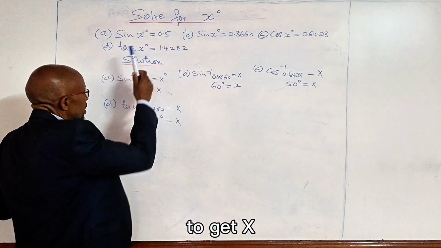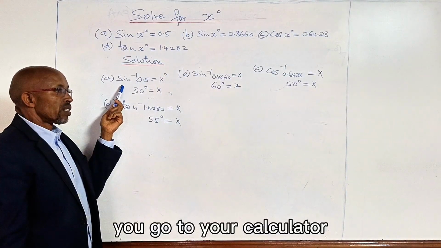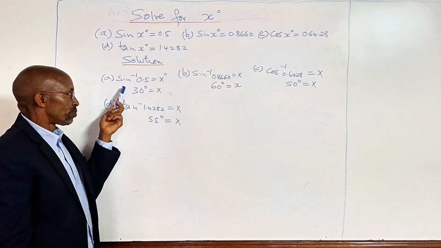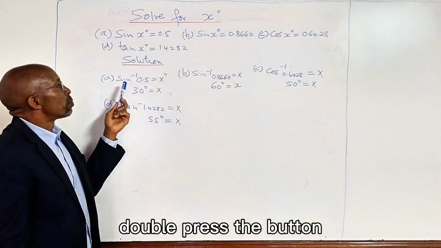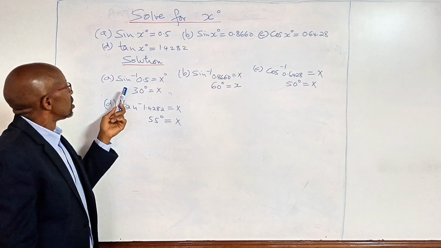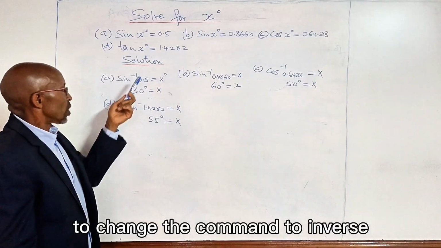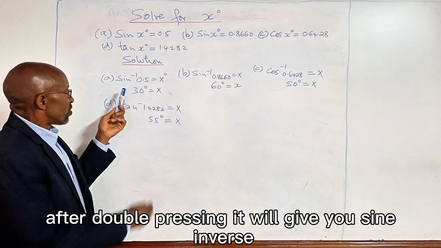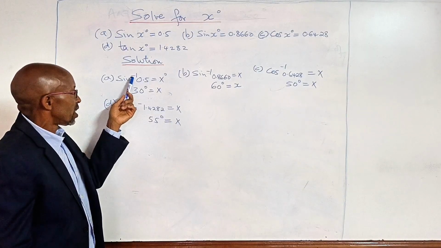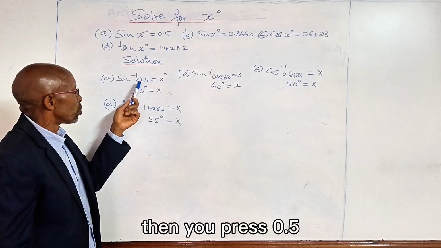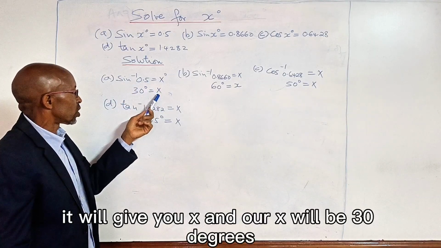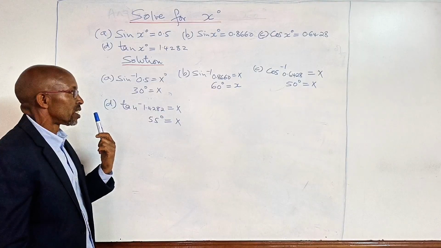To get x, you go to a calculator, look for the trigonometric ratio button, double press the button to change the command to inverse. After double pressing, it will give you sine inverse. Then you place 0.5. It will give you x, and our x will be 30 degrees.